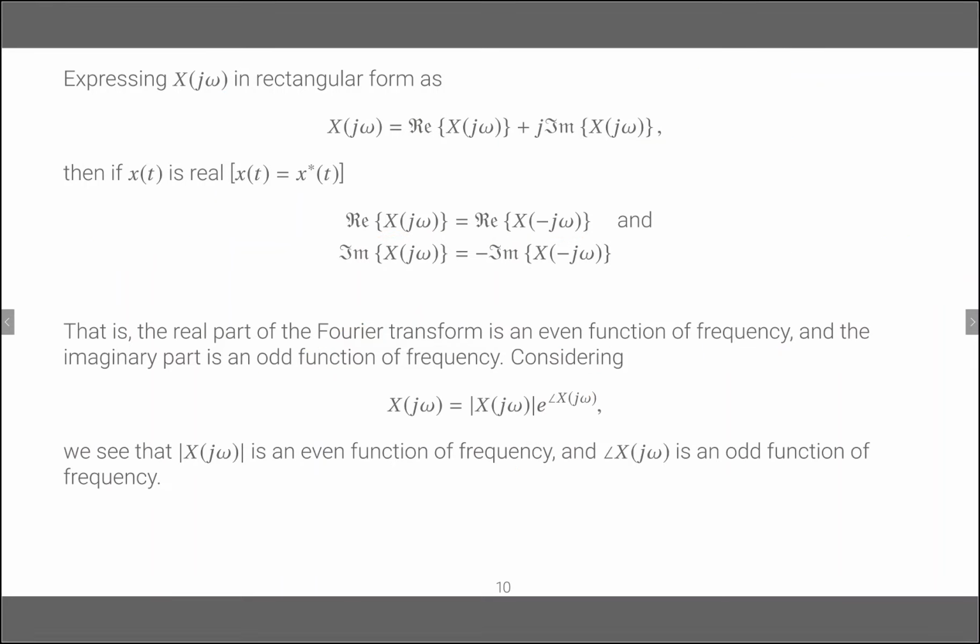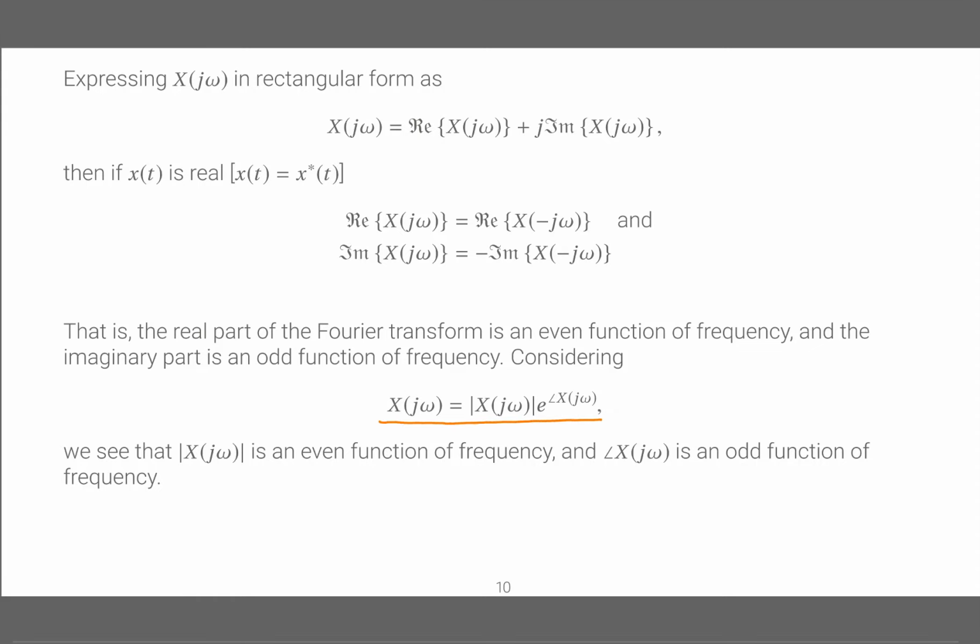Okay, if we express x j omega, the Fourier transform, in polar form, magnitude of x j omega times e to the power of j angle of x j omega, we see that the magnitude of x j omega is an even function of the frequency, and the angle of x j omega is an odd function of the frequency.